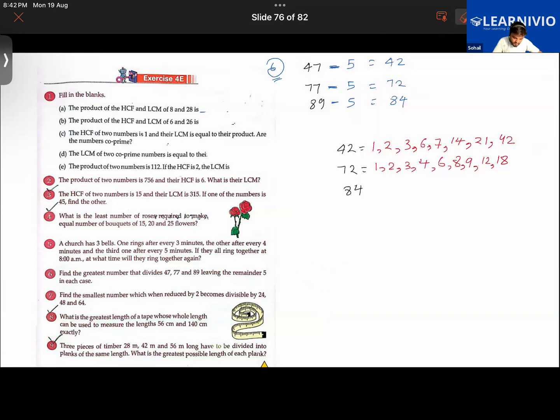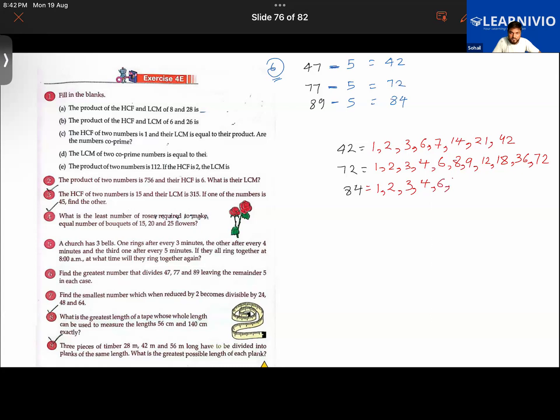Then 36, then you can say 72. For 84, the numbers are 1, 2, 3, 4, 6.